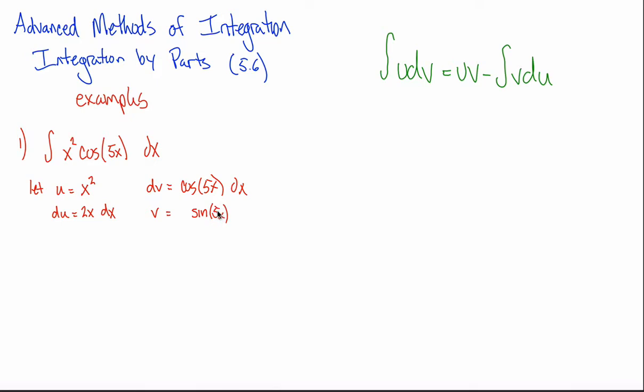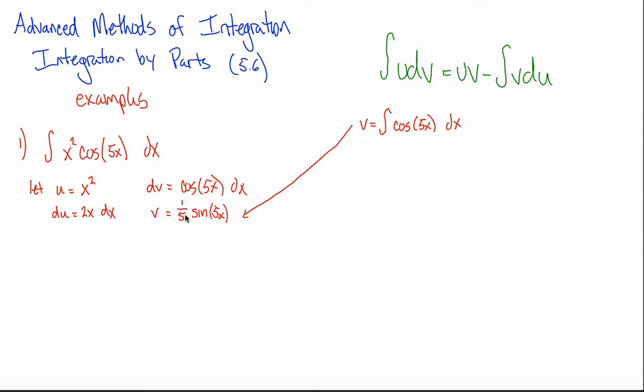The derivative of 5x is 5. So if this were my function, my derivative would be 5 times cosine of 5x. But I don't want 5 times cosine of 5x. I just want cosine of 5x. So I better put a 1/5 out in front here so that when I get that 5, it cancels out with this 1/5 and leaves me with just the cosine of 5x. What I'm saying is that if v is 1/5 sine of 5x, then dv is cosine of 5x dx.